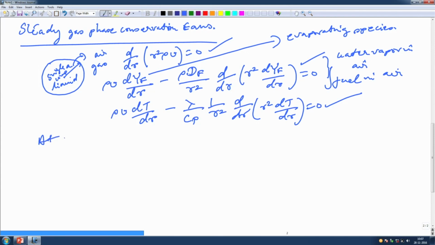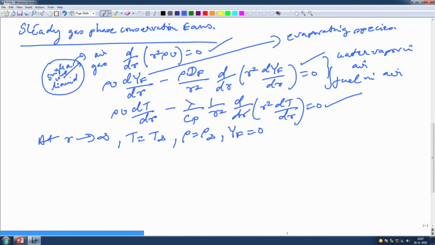Now, at r goes to infinity, that means far away from the droplet, what will be the temperature? The temperature will be the ambient temperature, T infinity, whatever it may be. The rho will become equal to rho infinity, that means the density, and YF will become equal to 0, correct.